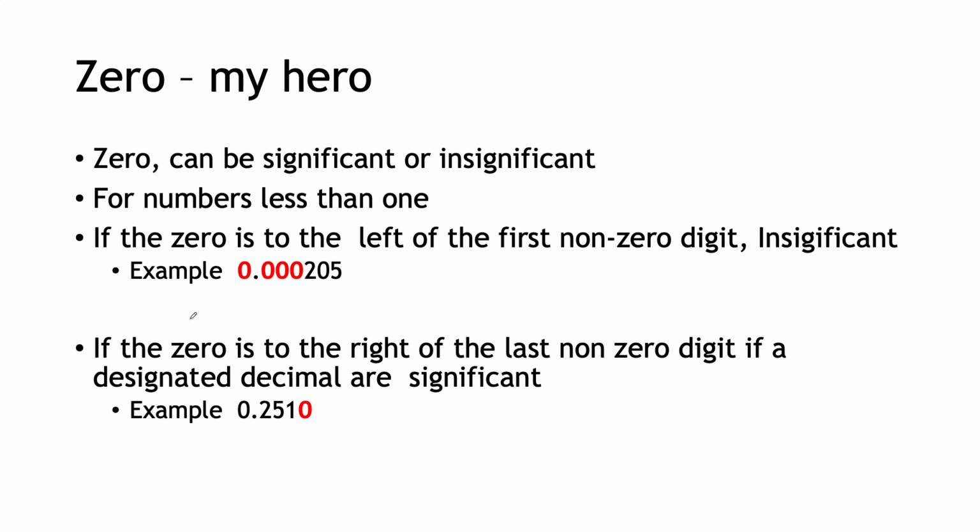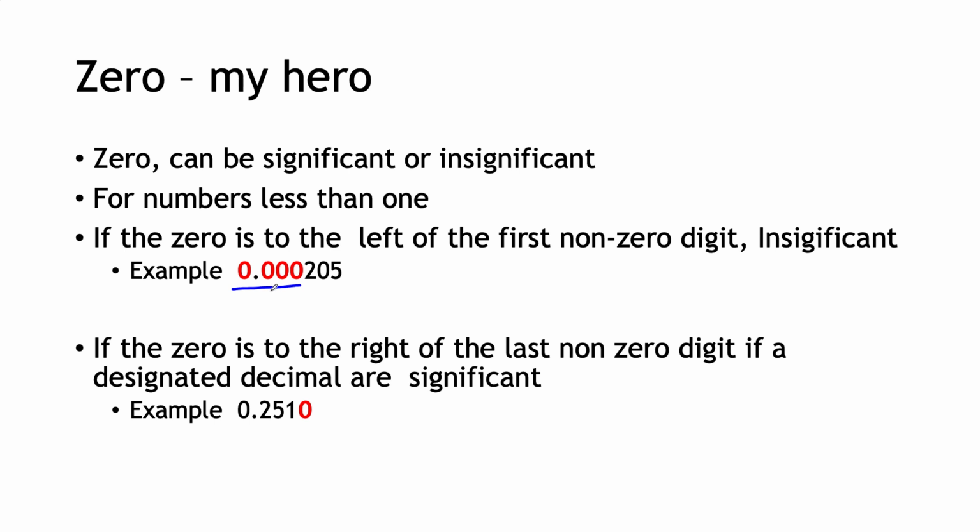Now there is a time where a number cannot be significant, and that's 0. It's ambiguous because depending on how we write and use the 0, it could be significant or insignificant, and it depends on where it is relative to the decimal point. For numbers less than 1, if the 0 is to the left of the first non-zero digit, it's insignificant. So you see these 4 in red, they don't mean anything.